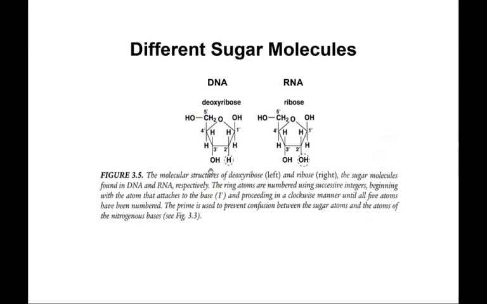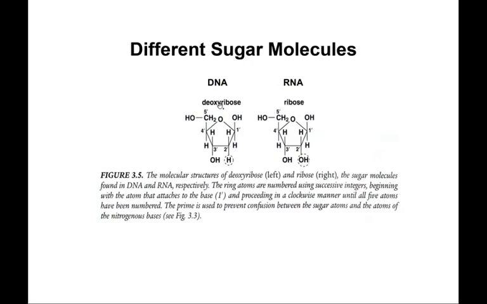At position 2, there is only H without an oxygen, unlike RNA, which has ribose. You can see here, especially at position number 2, in RNA, in ribose, there is OH.